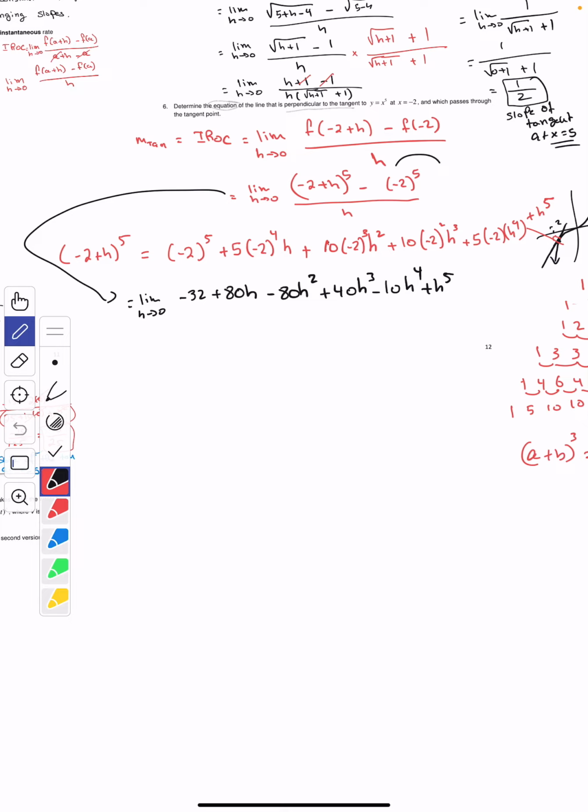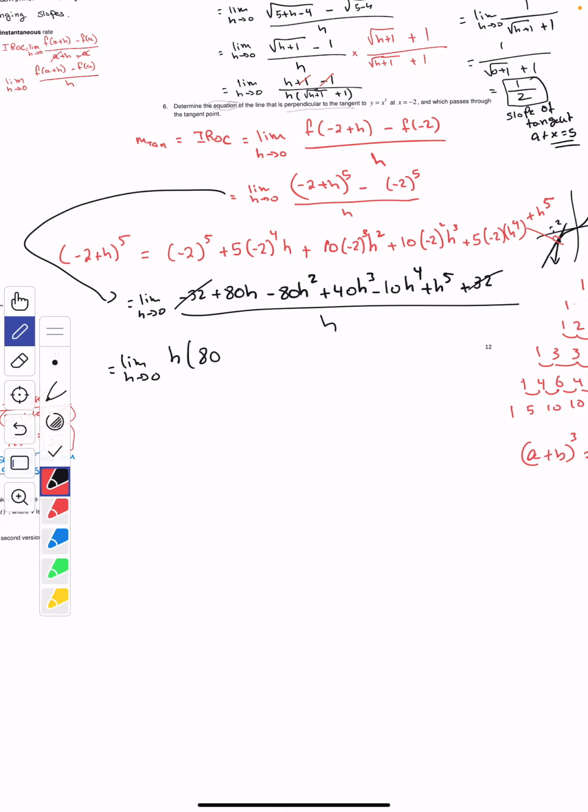Now I don't want to forget that I need to include this in my limit, so that's going to be a minus and a negative, because negative 2 to the power of 5 is negative 32. So that's going to give me positive 32. A negative and a negative gives me positive, all divided by h. And look at this, this and this, they cancel each other. And then you see that in every other term, I have h, which means that I can factor out that h.